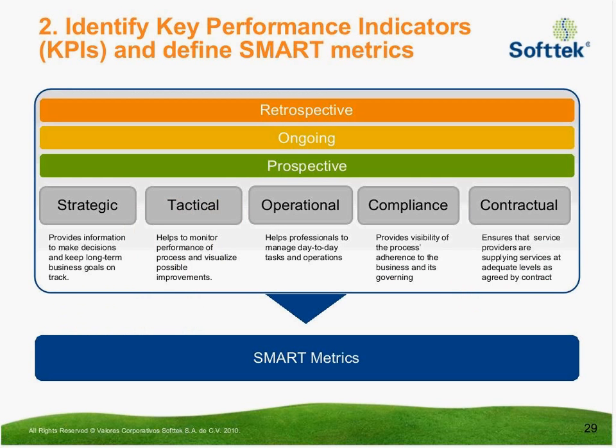We have the compliance category, which are metrics that provide visibility of the process adherence to the business and its governing body's guidelines. And finally, we have the contractual metrics, which help application security leaders ensure that the service providers, both for application development and application security services, are supplying adequate levels as agreed upon by contract.